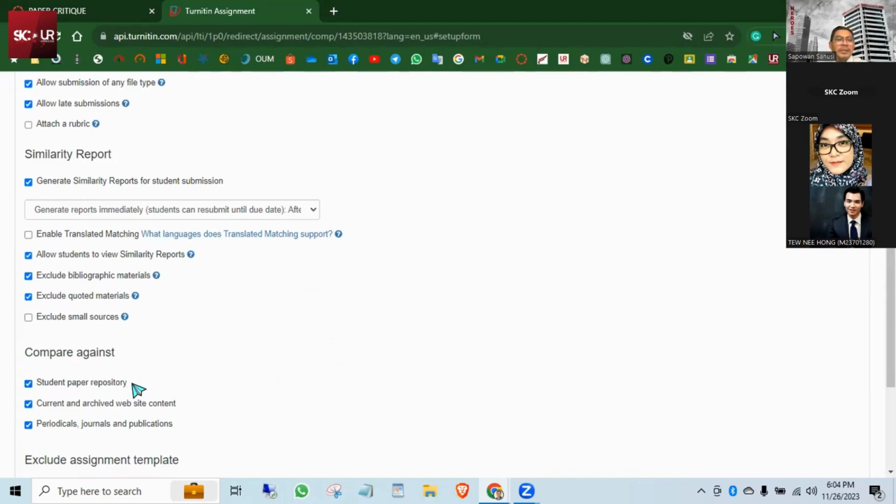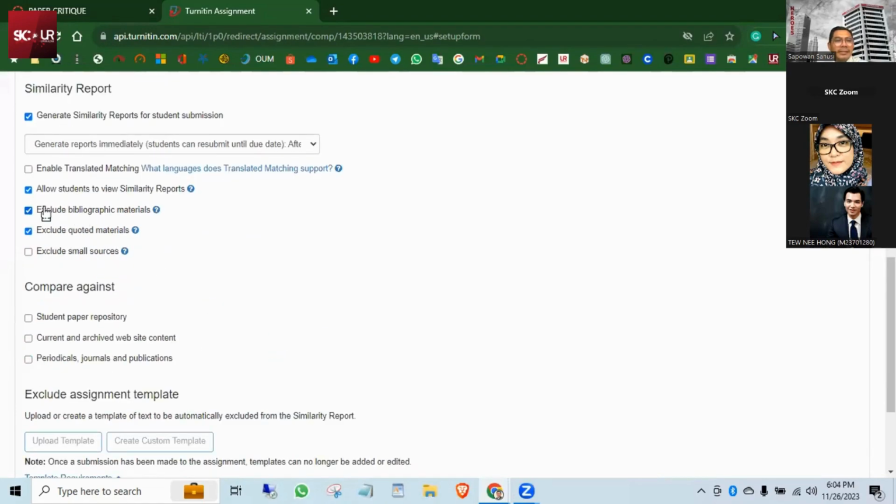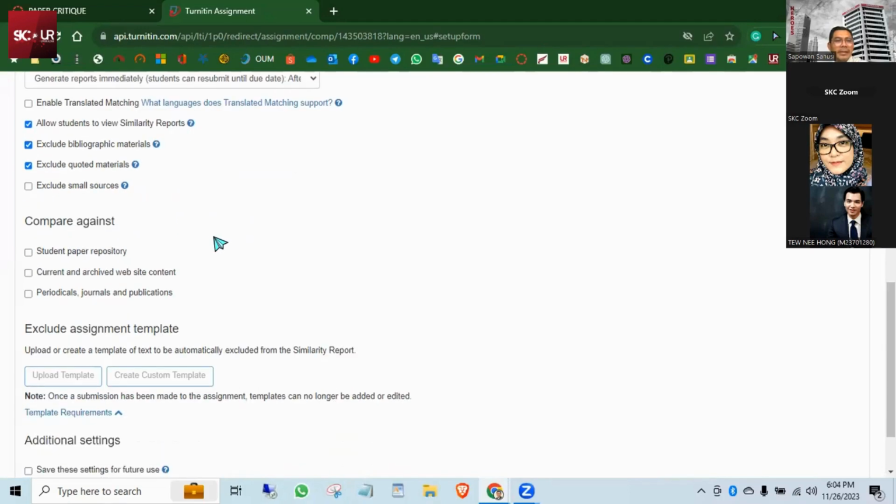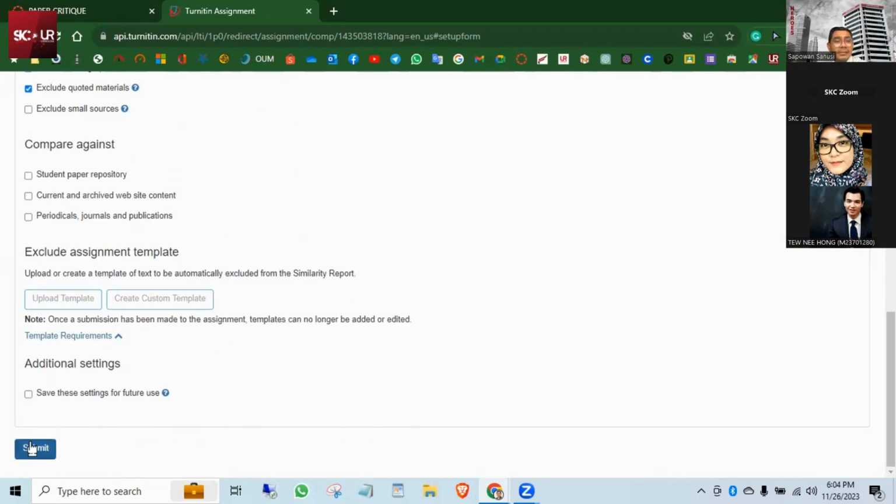So student repository, I think I must exclude this, is it? It's already excluded the bibliography and the quoted material, meaning that I need to exclude also all of these, like periodicals, journals, current, and student repository. Is it right? So I try first lah. Send it.